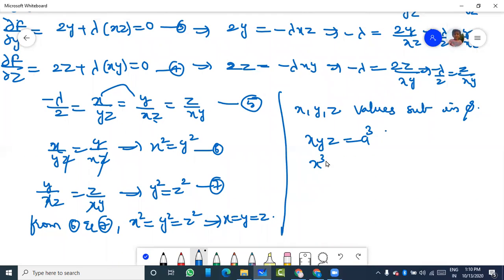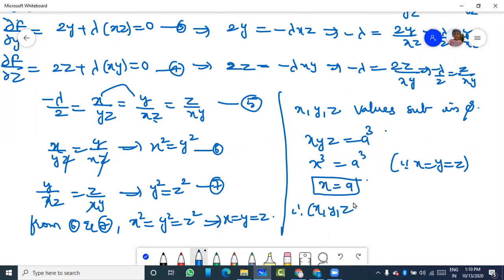So it is x cube equal to a cube, because x equal to y equal to z. So x equal to a. Okay, x equal to a means what is the point? x comma y comma z equal to a comma a comma a is the stationary point.